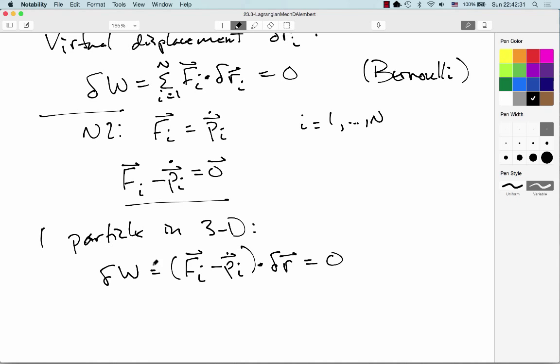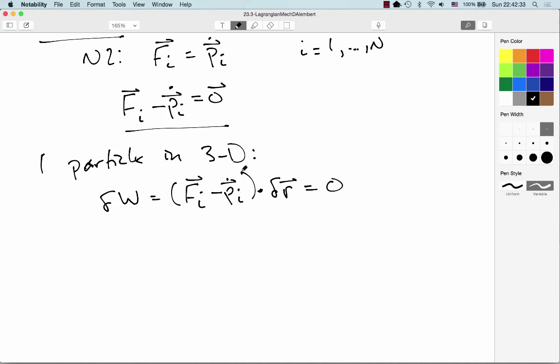Awesome. So let's go ahead and evaluate that dot product. We'll be bringing back some summation notation. So this will be the sum over i equals 1 to 3, and that's the first and last time I'm going to write the equals 1 to 3, of Fi minus pi dot, without vector signs, times delta xi, equals 0.